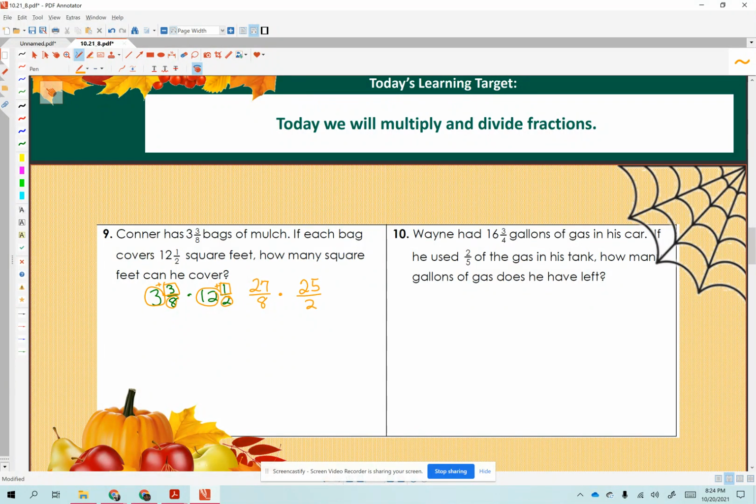25/2. Again, smaller numbers are better numbers, but we don't have anything we can do here. We have an even number here and an odd number here, even number here, an odd number on the 27. We're just going to have to multiply those out. So 27 times 25 is 675, and 8 times 2 is 16. When we divide 675 by 16, 16 goes into 67.